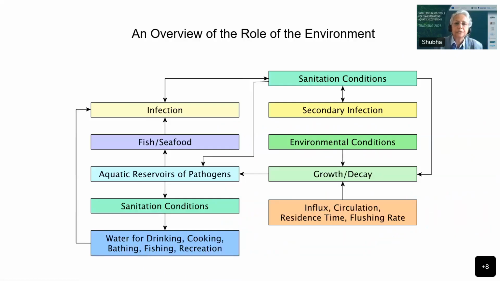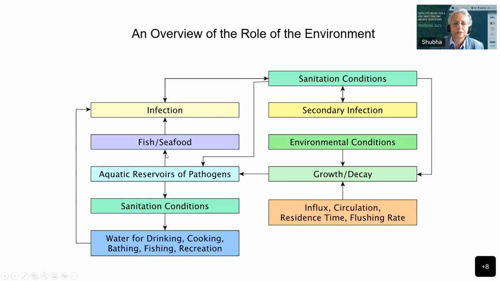So if you take a look at the overview of the role of the environment in causing infection, sanitation conditions appear as a key factor. Environmental conditions can dictate growth or decay, which in turn determines how much bacteria are present in the water.